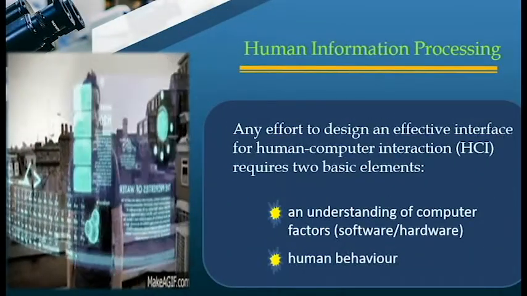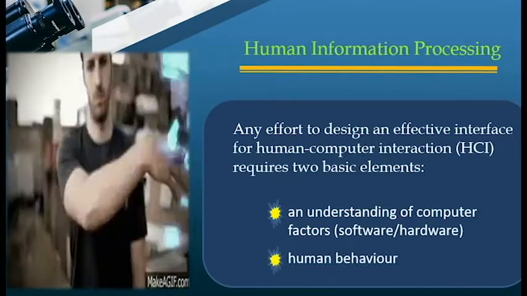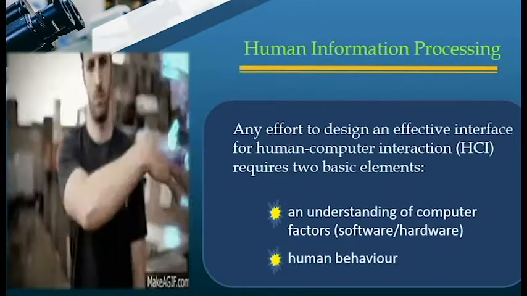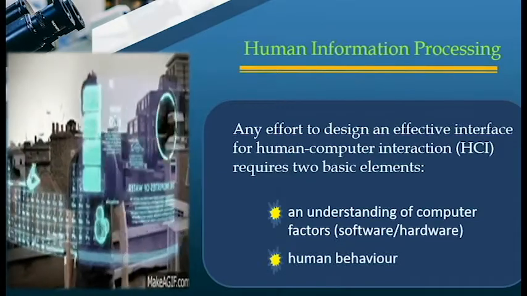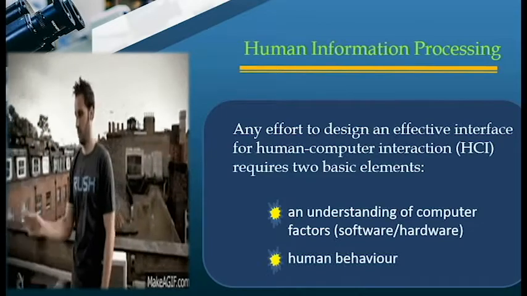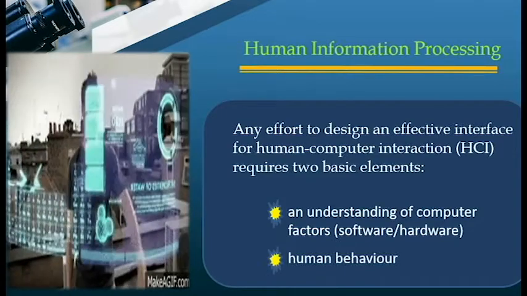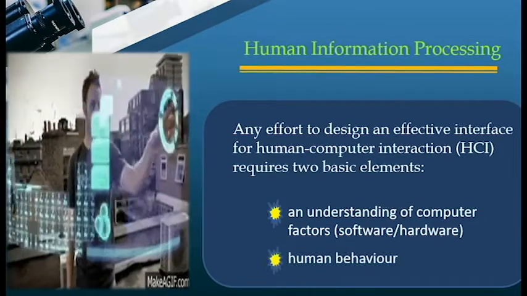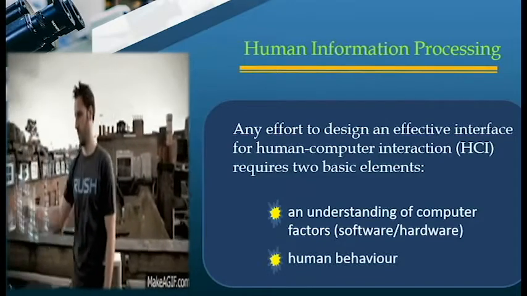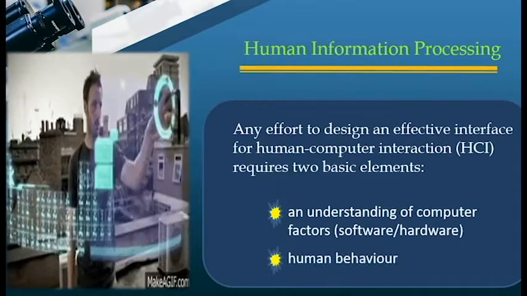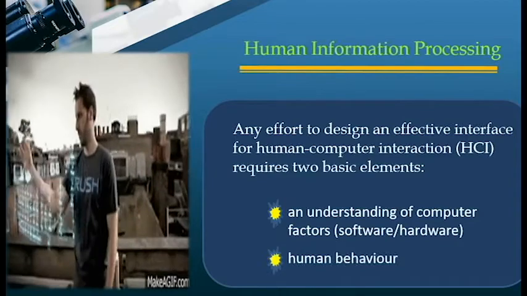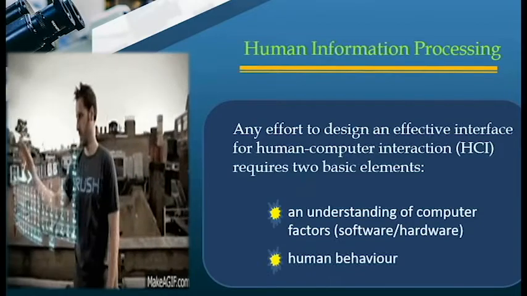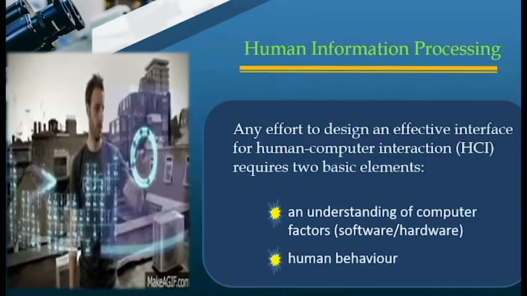So we're now with human information processing. Here it's how we process human information. Any effort to design an effective interface for HCI requires two basic elements. Here we have to understand some computer factors, and also the human behavior. So we all know that before designing an HCI, it involves two factors.